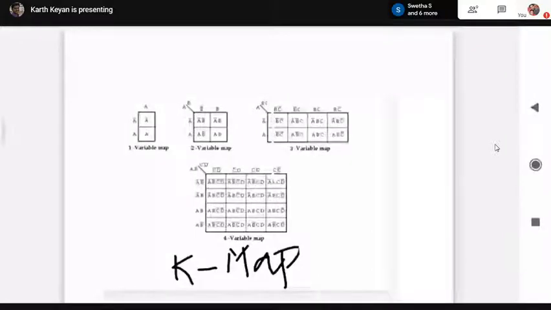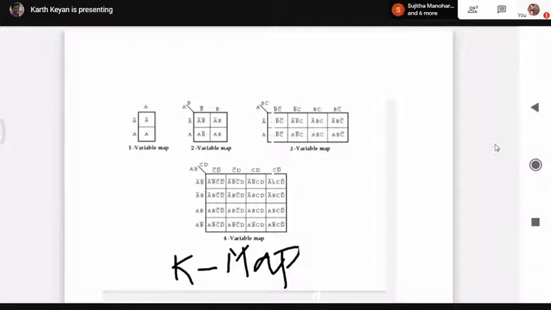So minimum 5 marks, 2 marks and 1 mark, and maximum we'll get 8 marks and above. You can easily crack this digital subject because it is a very interesting one, and you will be able to give the answer exactly without any hesitation.